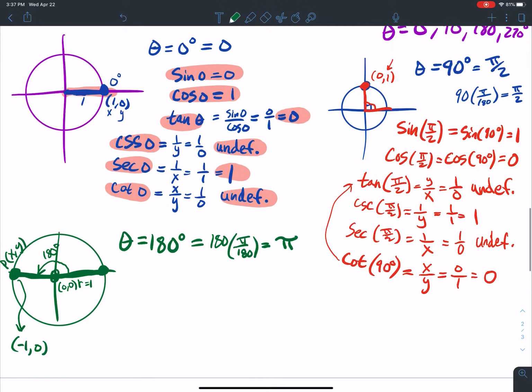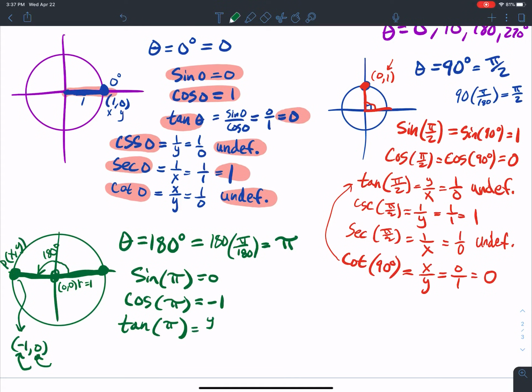Okay? So the sine of pi, what's the y value here? The y value is 0. Cosine of pi, what's the x value? The x value is -1. The tangent of pi, what is this going to be? Well, it's the y divided by x, okay?